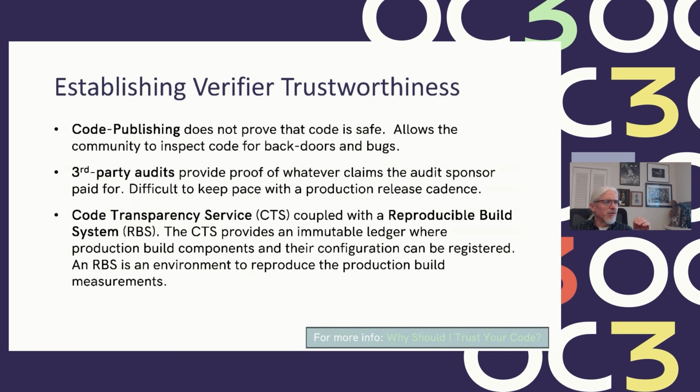And then a reproducible build system allows customers to get equal measurements to make sure that the production build bits that are in the code transparency service are the ones that are actually being deployed. This allows for assurance that the bits that you see in your cloud service provider are the ones that you inspected.